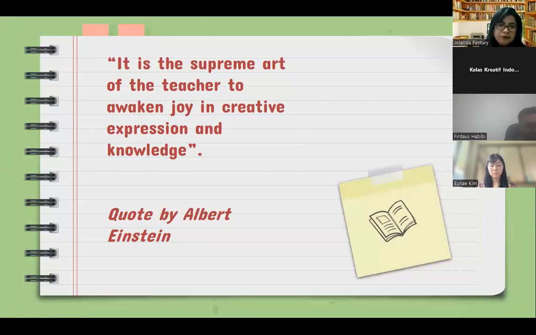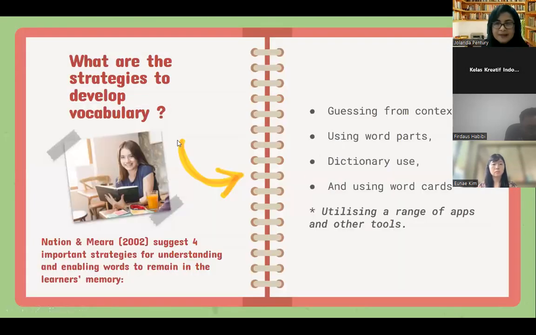Here is the quote from Albert Einstein: It is the supreme art of the teacher to awaken joy in creative expression and knowledge. So teaching is an art. Teaching also is a style. As a teacher, we also have different teaching styles. So if we want to be creative to awaken joy, or make our learning fun, let's do it. Next.